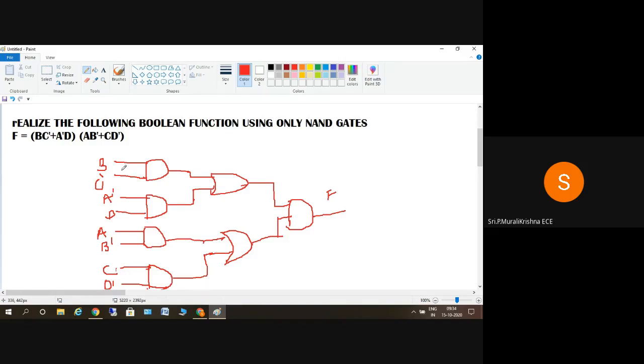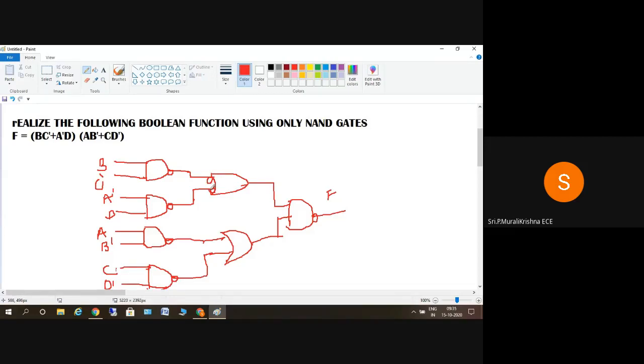If I want to use only NAND gates, then every AND gate should be converted into a NAND gate by using the AND invert symbol, that is, a bubble for every AND gate. And every OR gate should be converted into a NAND gate by using the OR invert symbol.